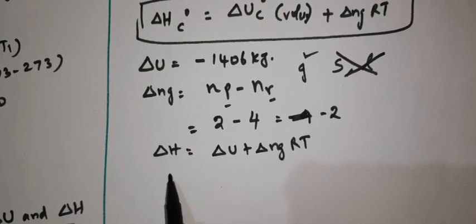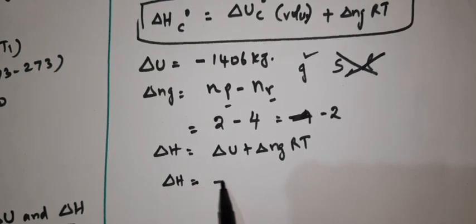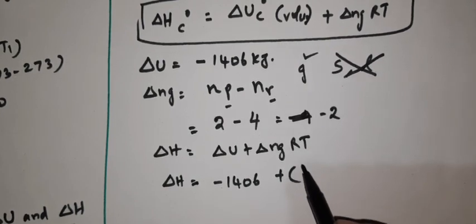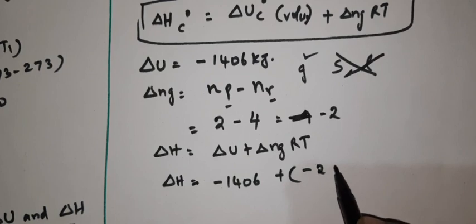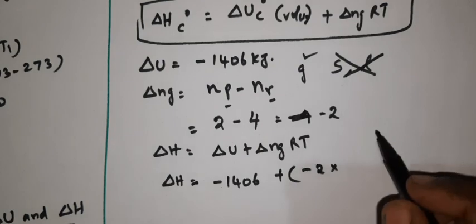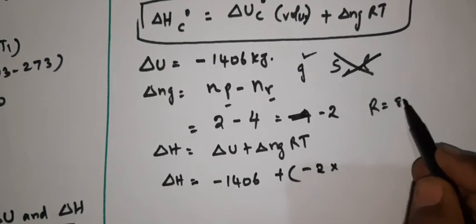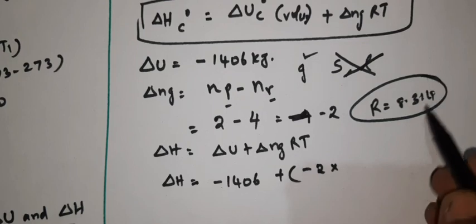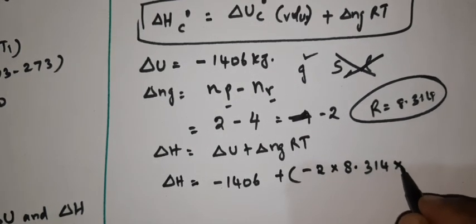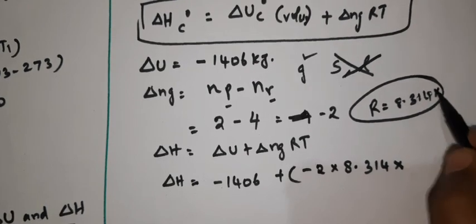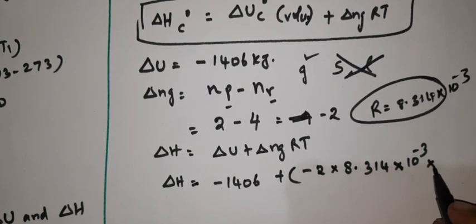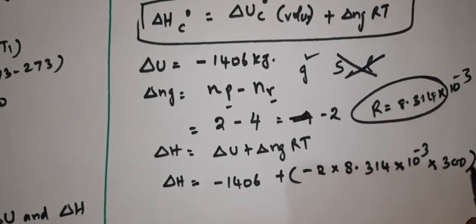So delta H equals minus 1406 plus the value of delta n_g, minus 2, into R T. R is the gas constant, 8.314 into 10 power minus 3, into the temperature, 300, which is given in the question.